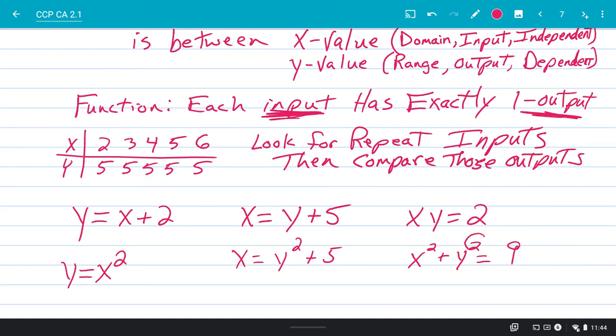But we can also see that this is squared, which is what we just came up with. Let me ask you this, though. What about this one? X plus y cubed equals 9. Would that be a function? Because we just said it had to be to the first power.